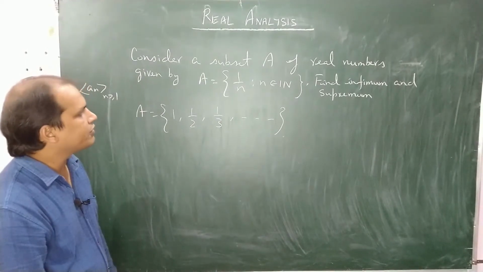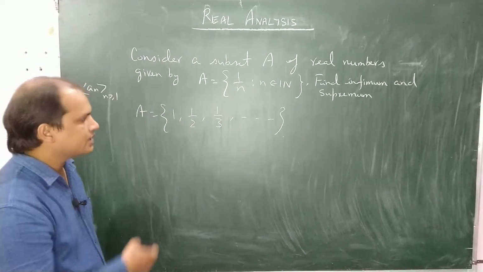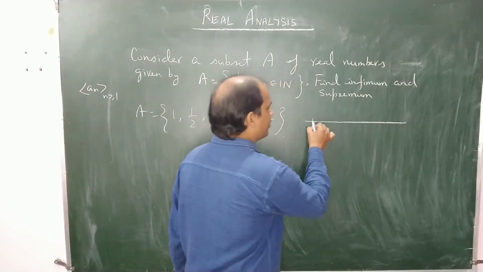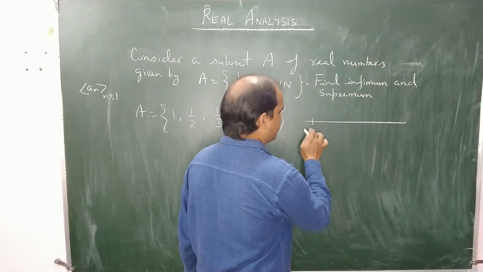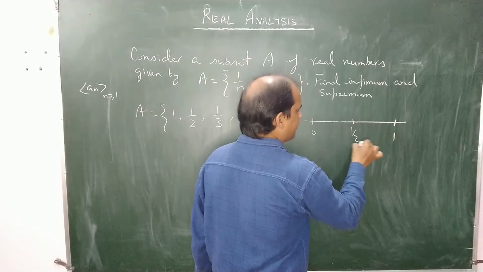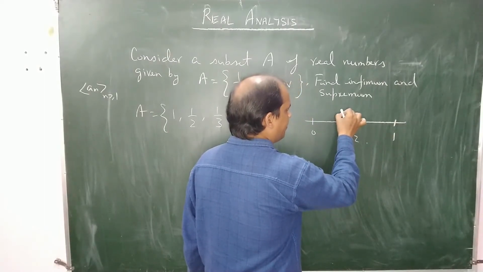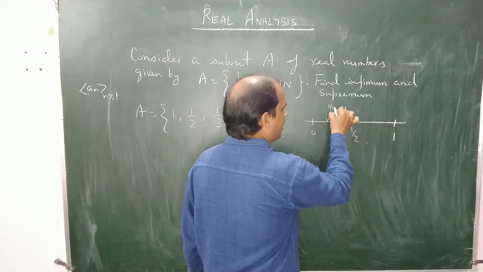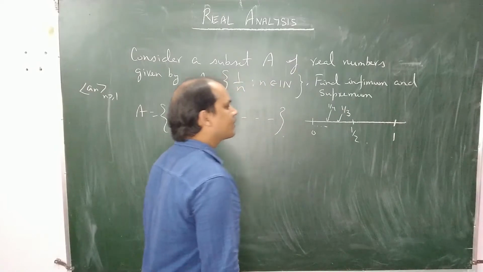To find the infimum of this set, let me denote 0 on this number line, and suppose 1 is there and a half is here. Then obviously 1/3 will be to the left of 1/2, and similarly 1/4, and so on and so on.